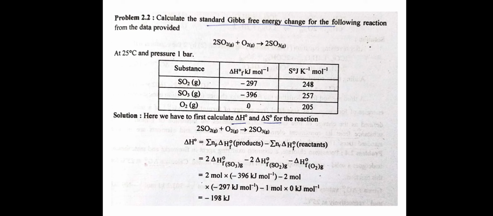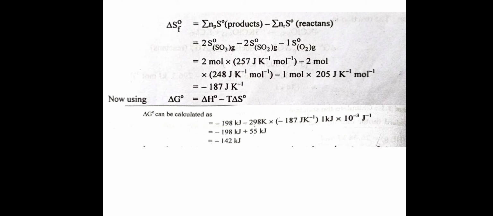Okay, then we have to calculate delta S0. Again we have the formula: summation of number of moles of products into standard entropy of products minus summation of number of moles of reactants into standard entropy of reactants.